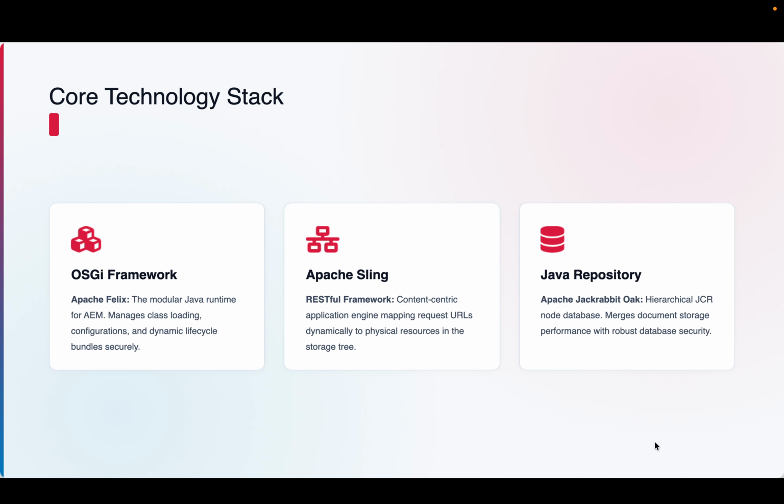We can install, start, stop, and update backend code, custom OSGi services, and Sling models on a live server completely on the fly, without ever having to reboot the entire application. Mastering how these three layers interact is what separates the junior coders from expert AEM engineers.